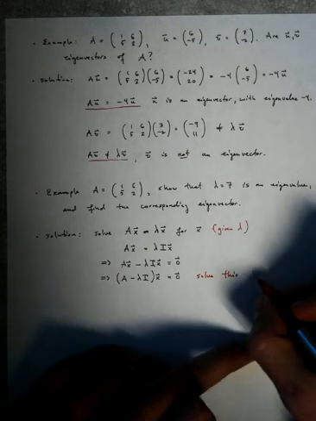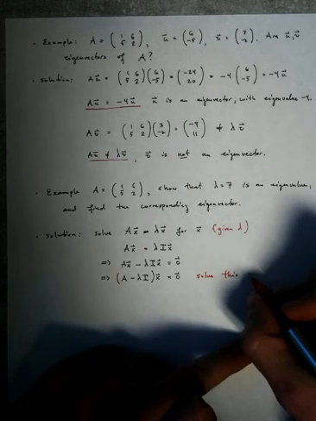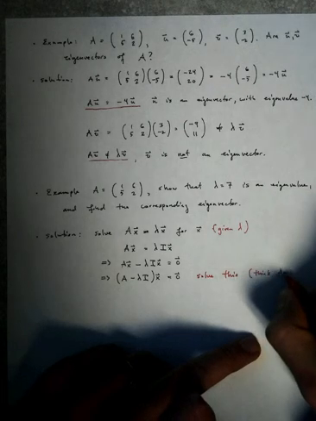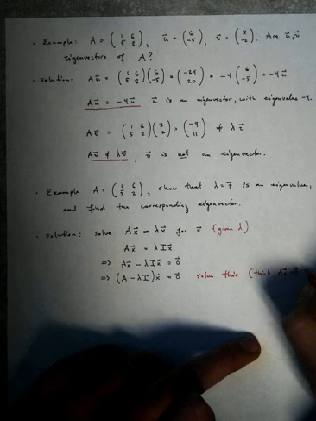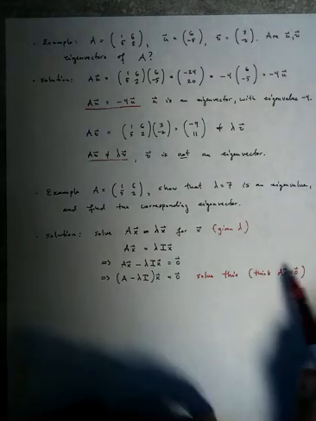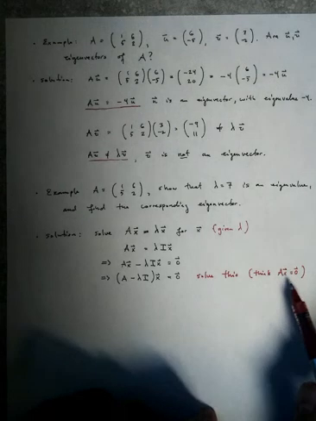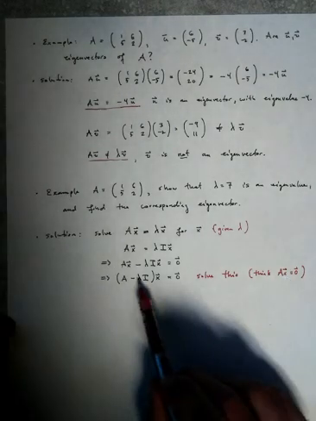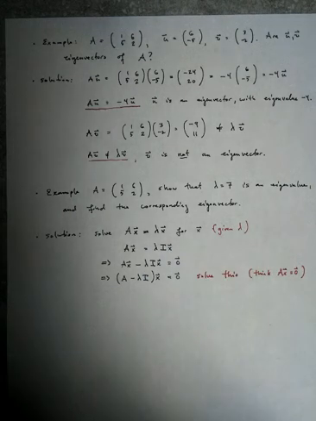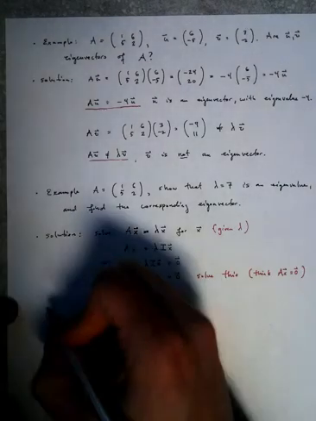Think of A times x equals 0. This is the homogeneous equation, the type of equation we've been practicing a lot. Just replacing your A by this funky matrix, we can solve this problem. So let's write it down in this case.